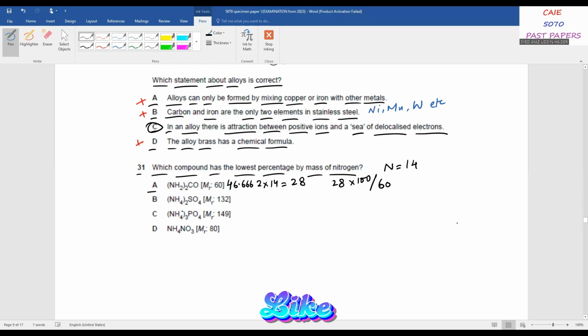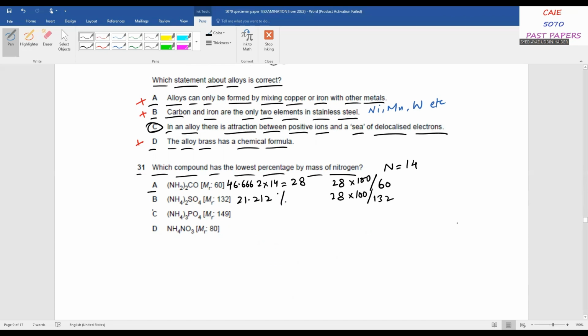46.666. For number 2, again you have 2 nitrogen. So it must be 28 multiplied by 100 and divided by MR, which is 132 here. This time you have 21.212%.